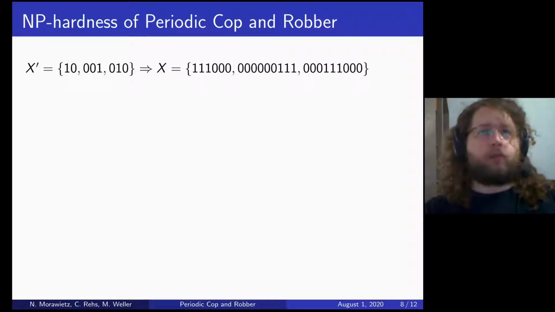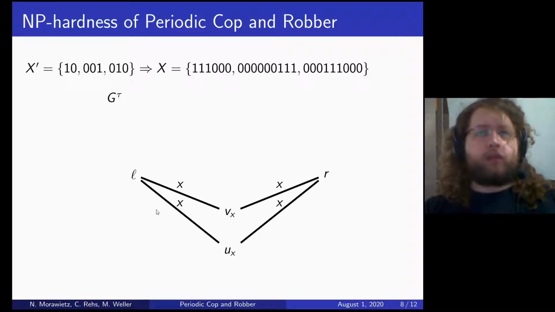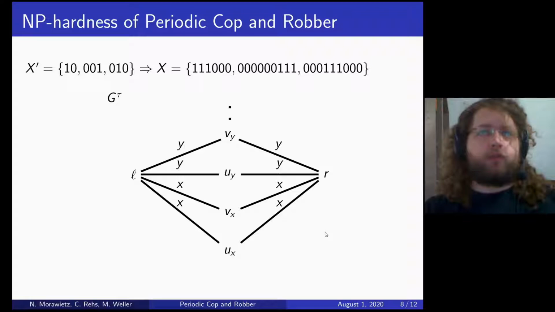And now we start to construct the temporal graph. We start with 2 vertices L and R, and add for each of the sequences of x a cycle of length 4 where all 4 edges are labeled with x. And well, we do this for each of the sequences.